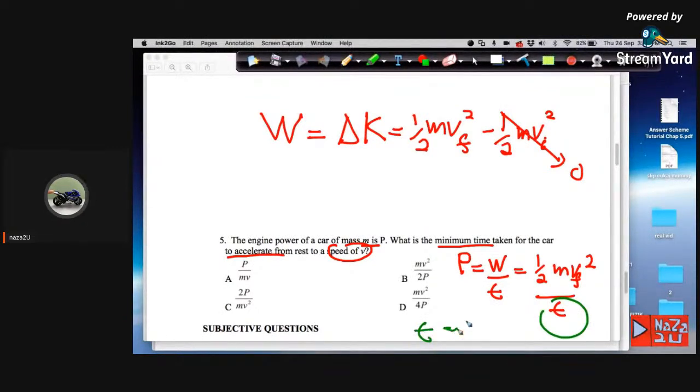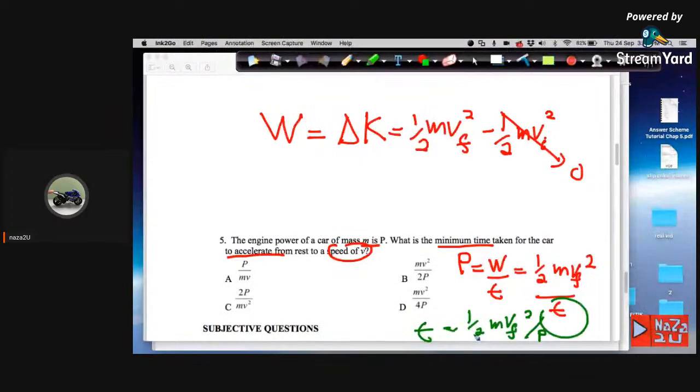So the t here is half m vf square divided by P. Sorry, this is half m v square, divided by P.